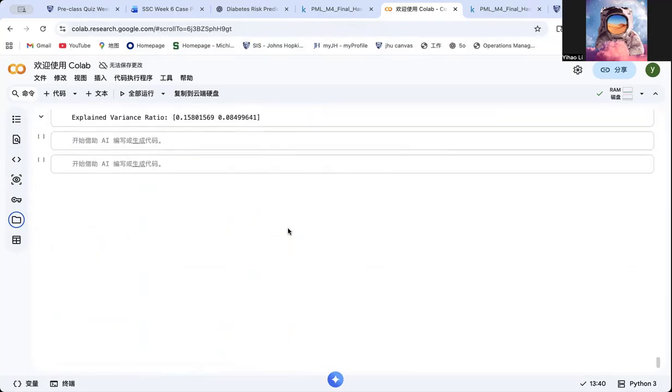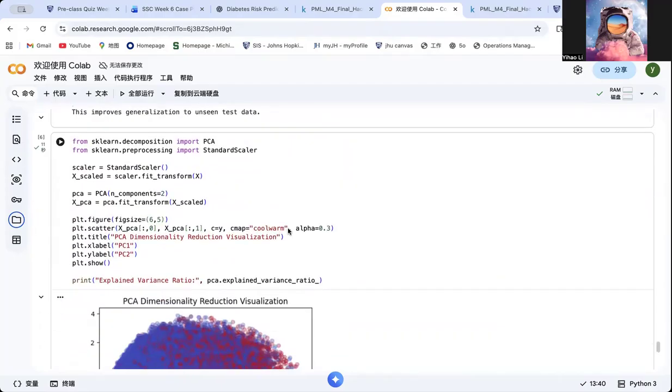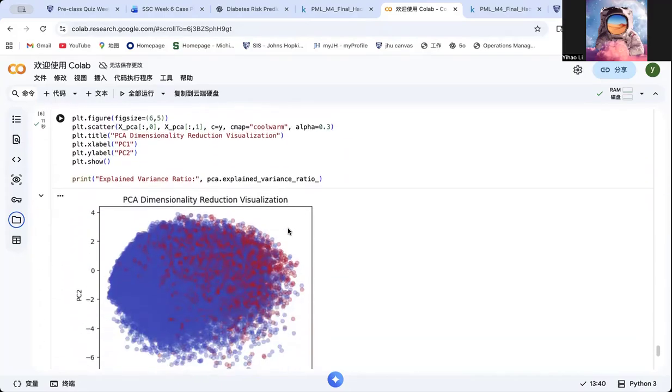Now the next part is PCA. You can see the graph, the PCA dimensionality projection visualization. We performed principal component analysis. Although PCA was not directly used for training, it provides insight into how well the dataset can be represented in a lower dimensional space.